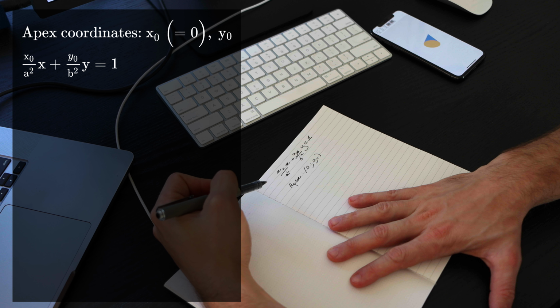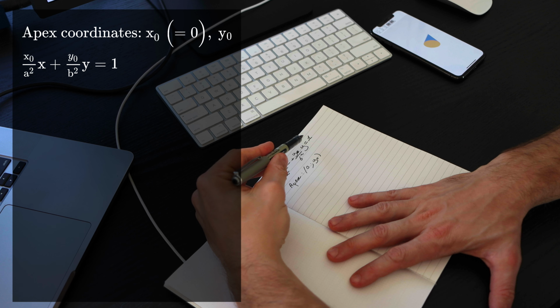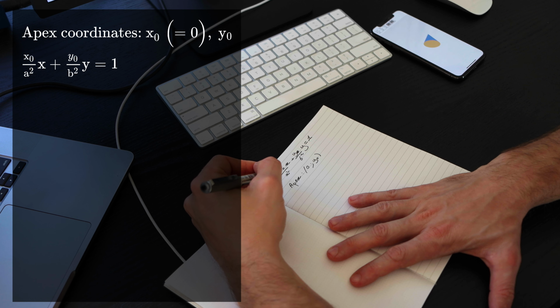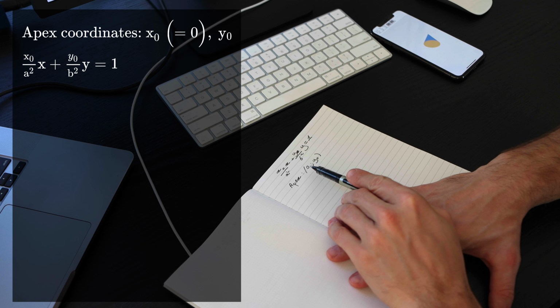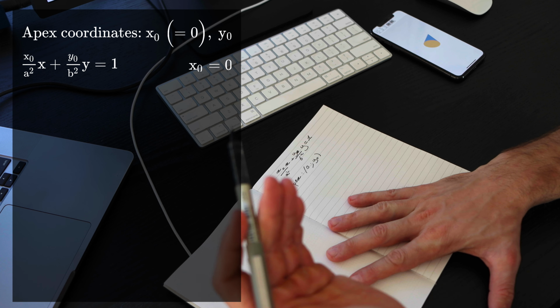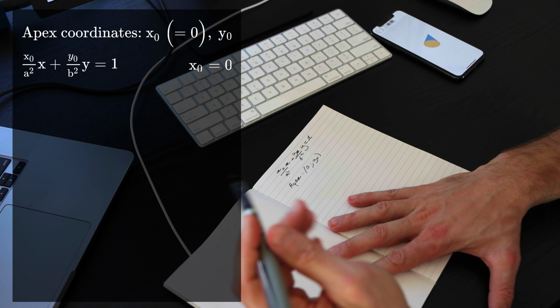From the Wikipedia article, we know that this is the formula of the tangent of an ellipse, and we want the two tangents that go through the apex. We know that the apex has coordinates x0 is 0, and y0 is the value we have once we project the apex.